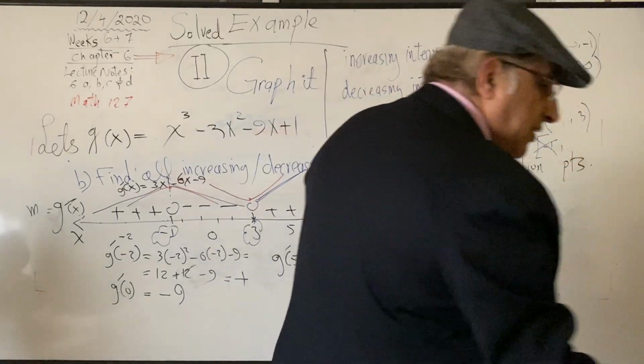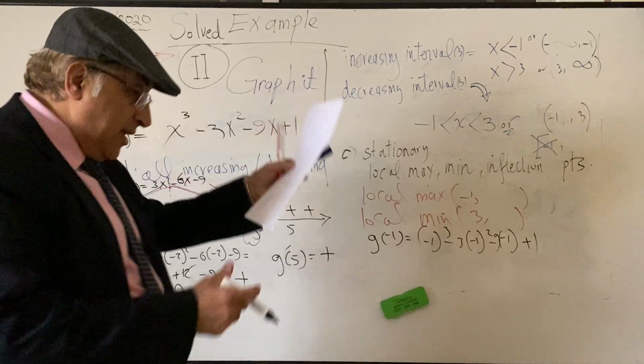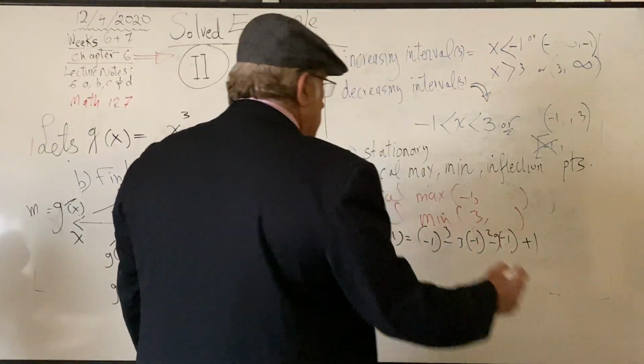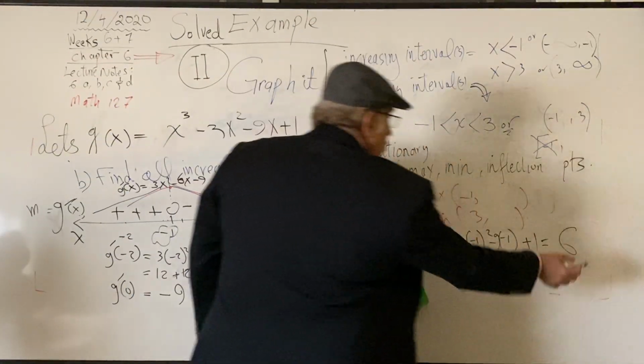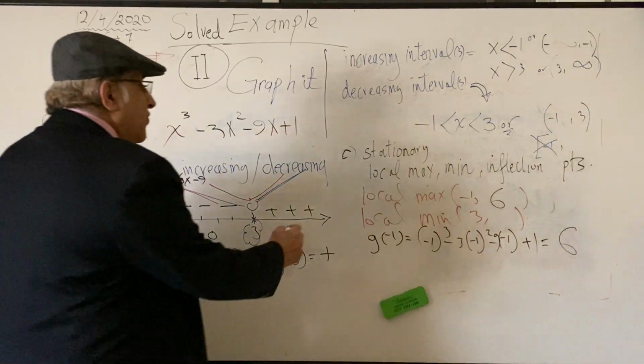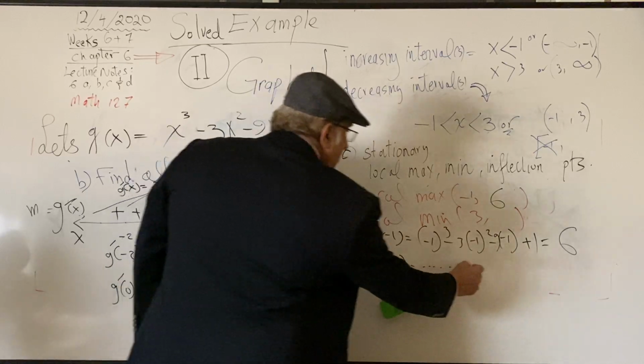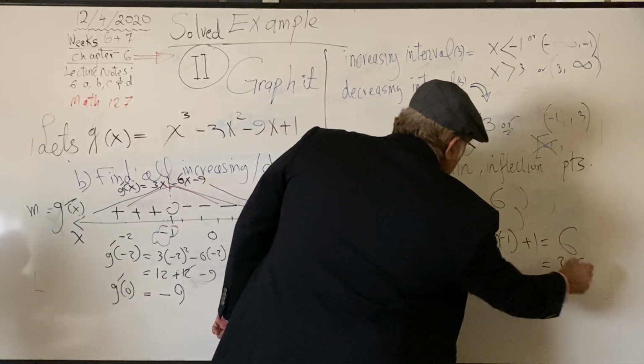If you do all of this, I did my homework actually, so I don't have to waste your time. It is 6. So write 6 here. Do the same thing with the 3. Substitute, and the answer is 26.